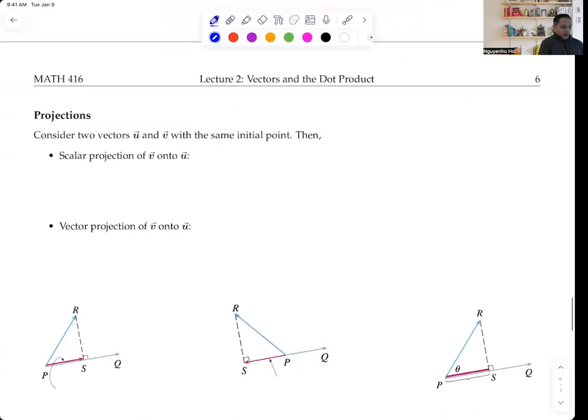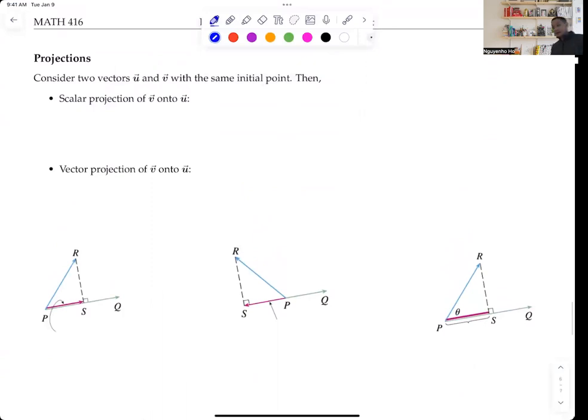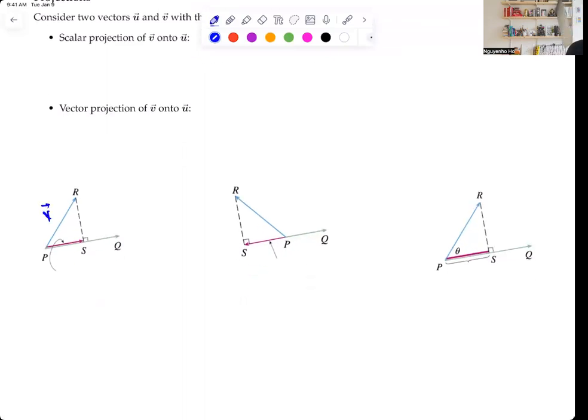Okay, so let's write down some more information about the projections from one vector to another vector. Consider two vectors u and v with the same initial point. The setup is going to be like this. This is v, and the green one is u.